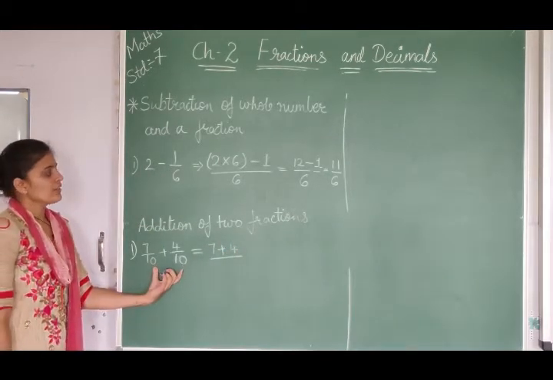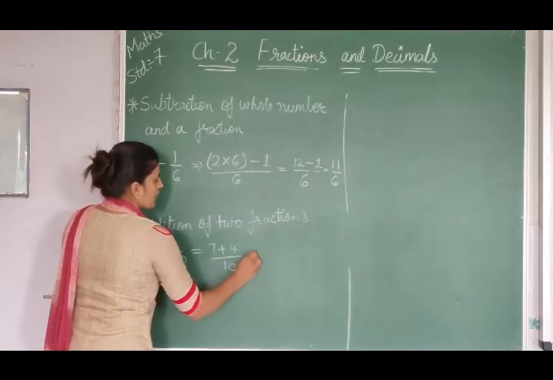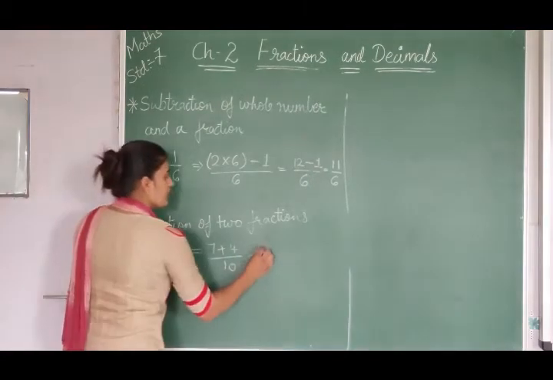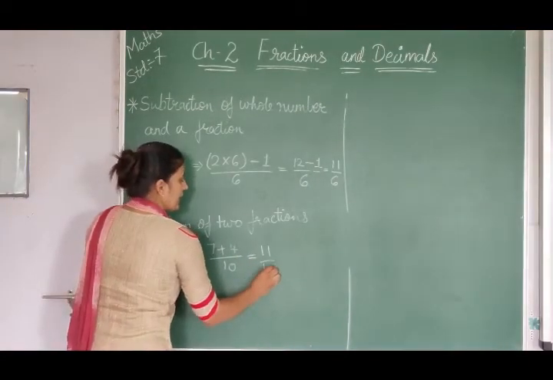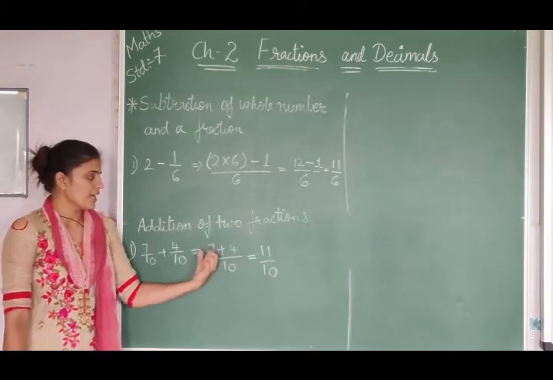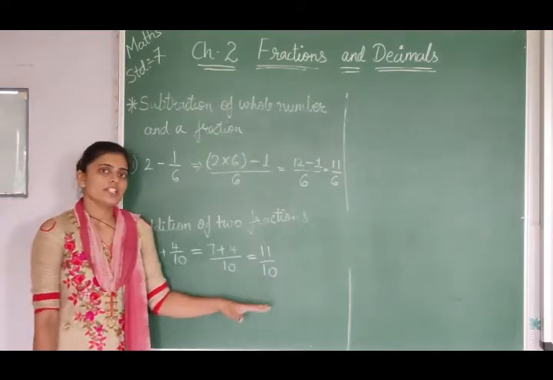You can see 10 here also and here also. So once I put 10 over here, it will be equal to 7 plus 4, which is 11 by 10. So it is very simple. 7 and 4 you have to add and divide by 10. The denominator will remain the same every time.